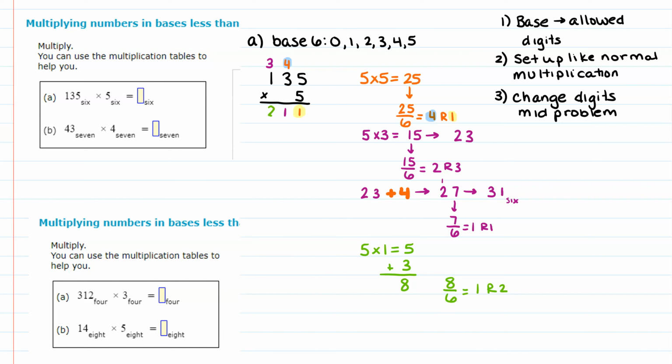So the 2 goes down here and the 1 goes up here. But now there was nothing to multiply 5 by, so we'll just put this 1 all the way out in front. So 135 times 5 in base 6 is 1211 in base 6.